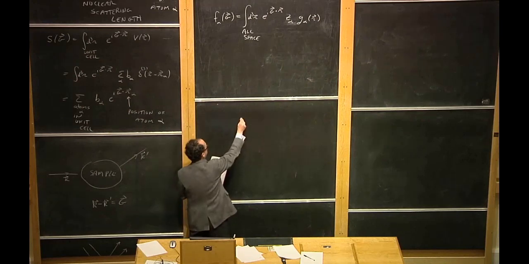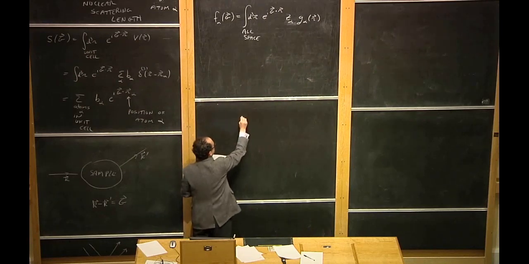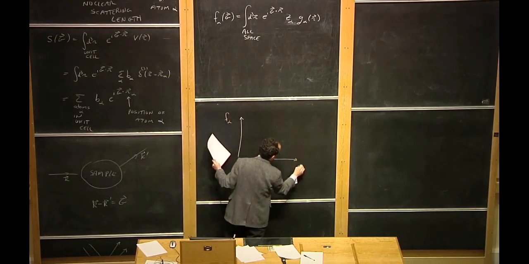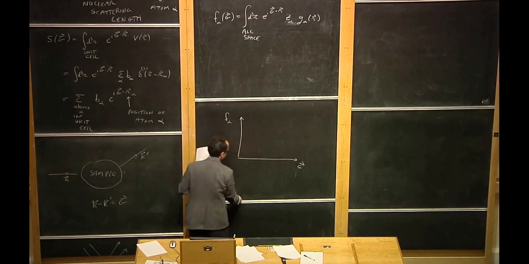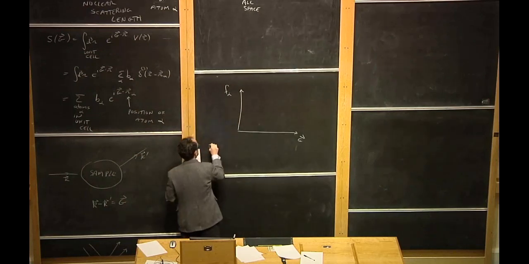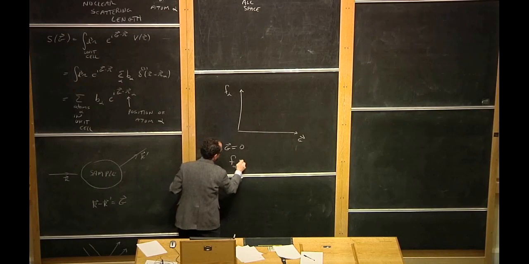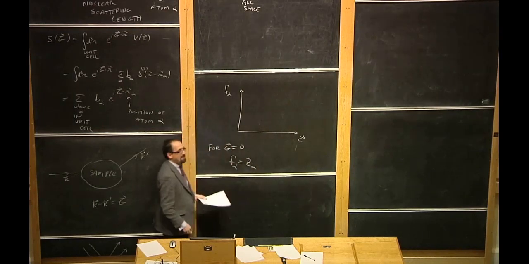Anyway, the form of this form factor more or less looks like this. We'll draw f alpha here and g over here. For g equal to 0, f sub alpha is just z sub alpha. It's basically counting.